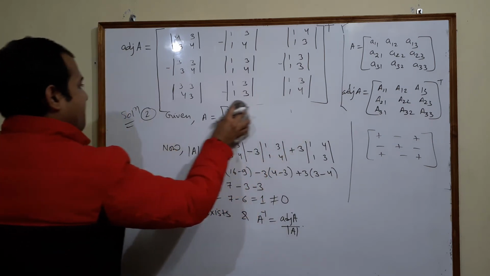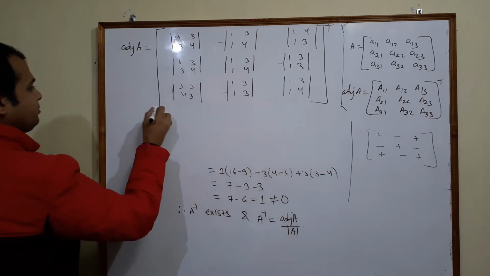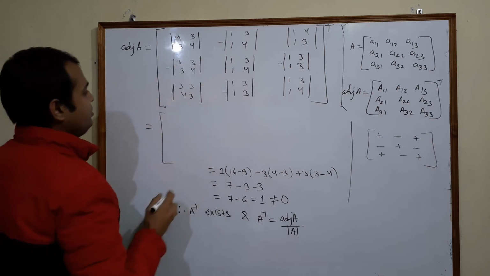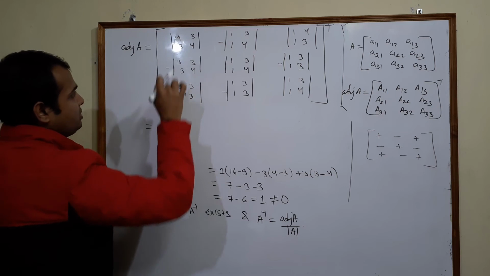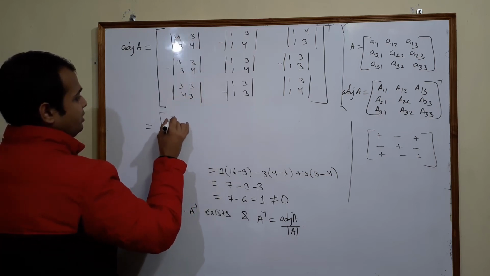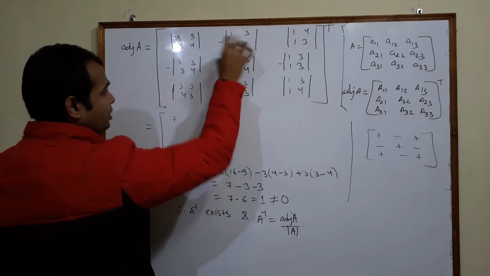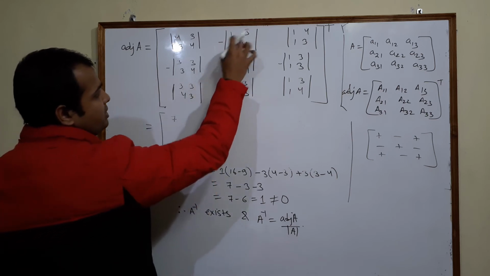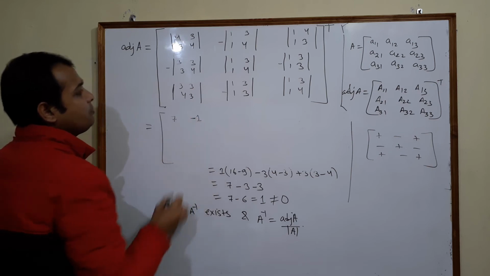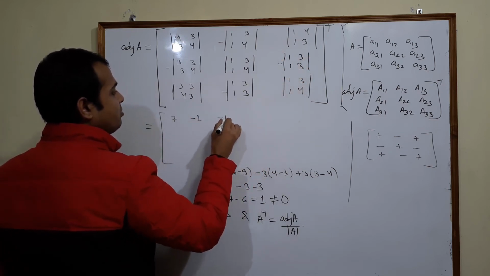Now find the determinants. 4 4s are 16, 16 minus 9 is 7. Then 1 into 4, 4 4s minus 3 is 1, so we get minus 1. Then 3 minus 4 is minus 1.